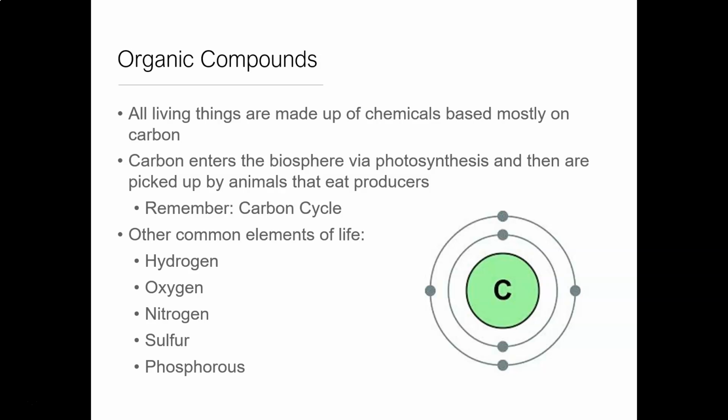When we look at a lot of the other chemicals that are carbon-based in living things, they often are a combination of carbon plus other elements that are essential to life, so carbon and the hydrogen, but often also oxygen, nitrogen, sulfur, and phosphorus also become players as elements in organic molecules as well.